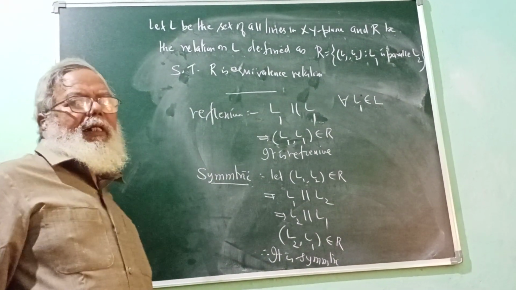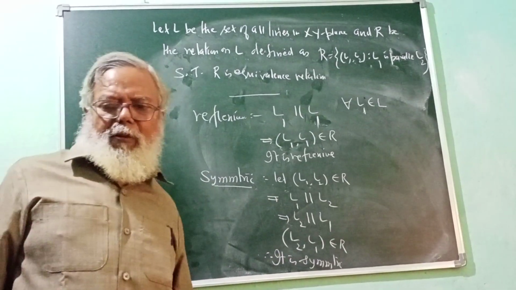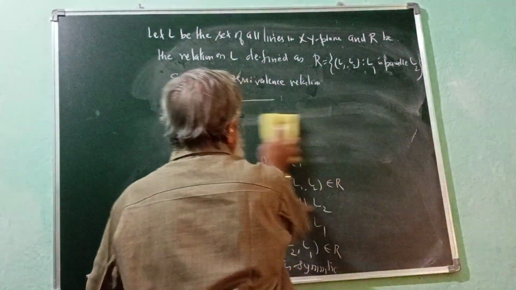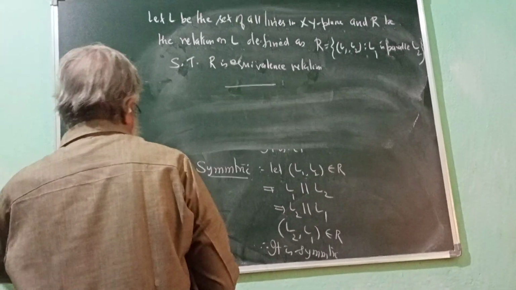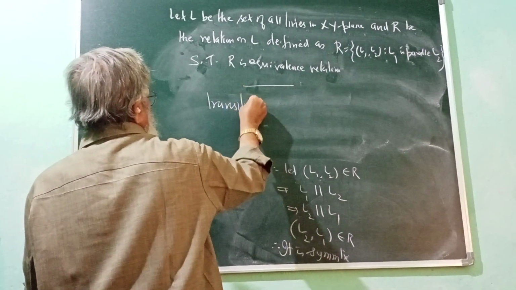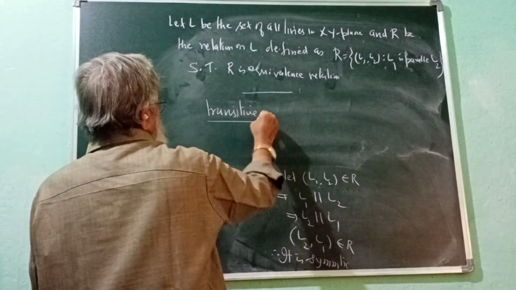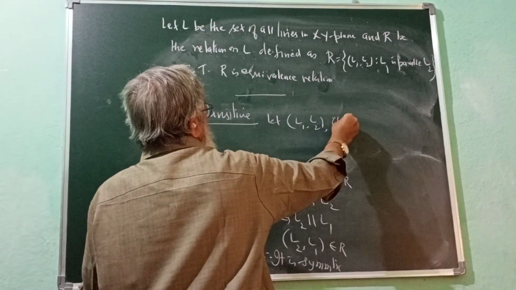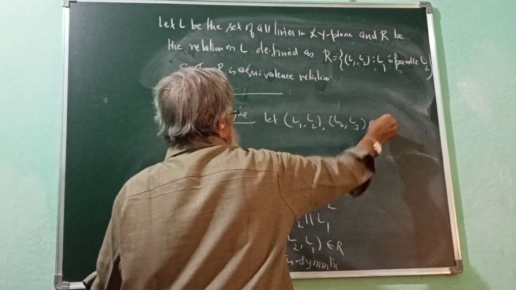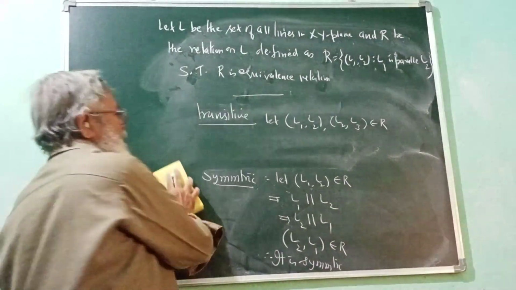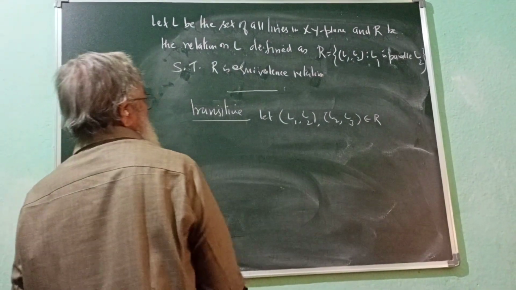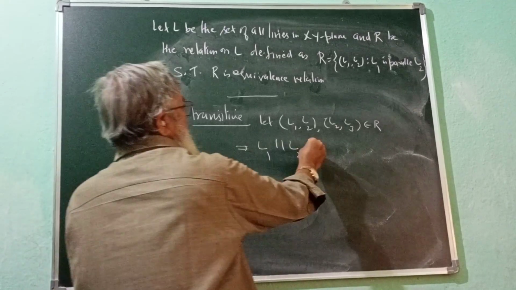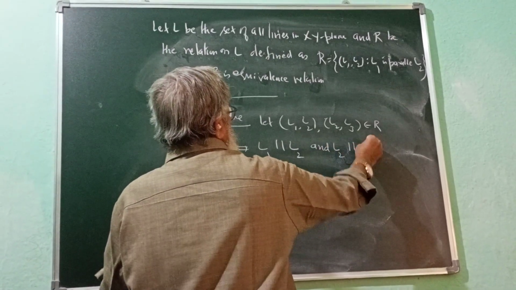Now we have to prove the transitive relation. Same argument: let us suppose (L1, L2) and (L2, L3) belong to R. The meaning is that the line L1 is parallel to L2, and the line L2 is parallel to L3.